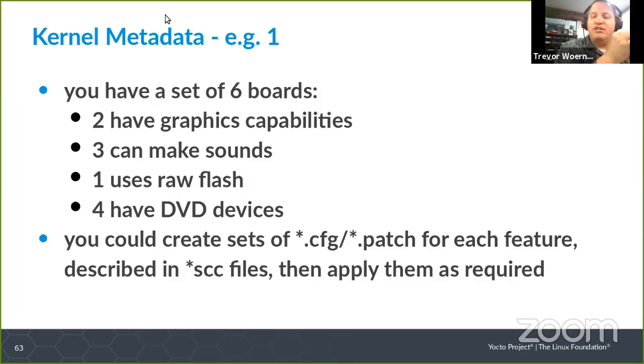Very error prone. Whereas if you had this all organized in SCC files, you would just simply fix the one SCC file, you would fix the kernel config fragment, and then respin your builds, and all your boards would have all the correct stuff that they need. So it's a pretty nifty feature.